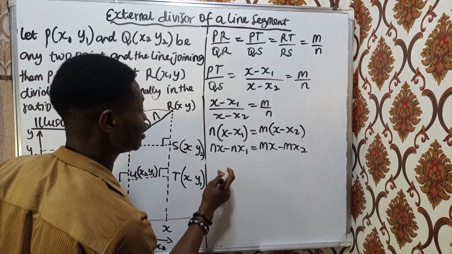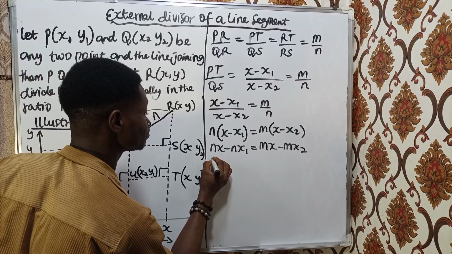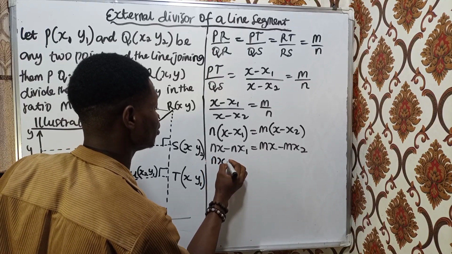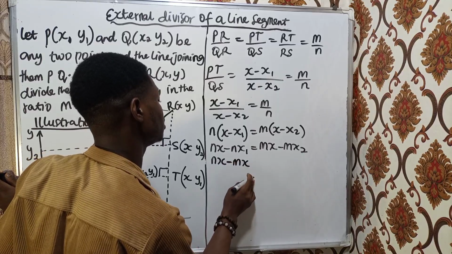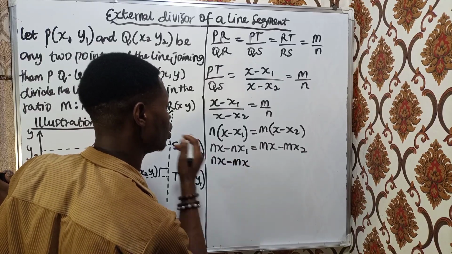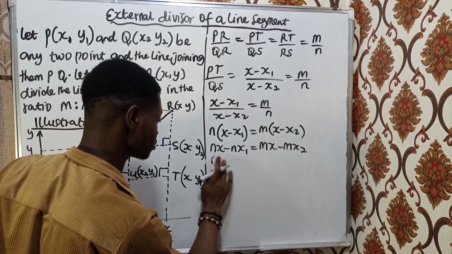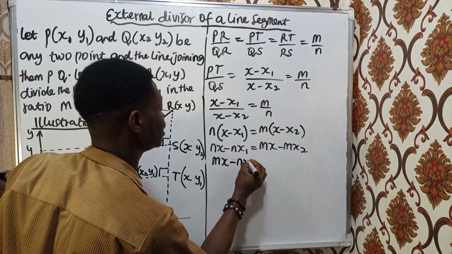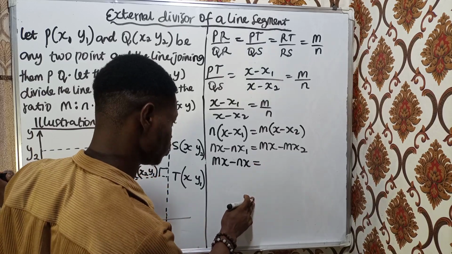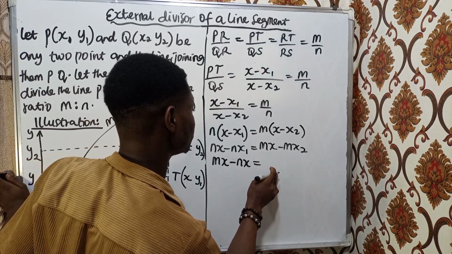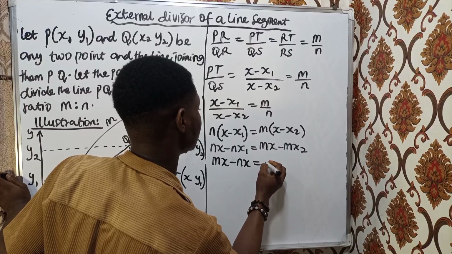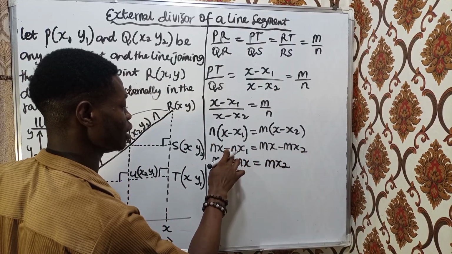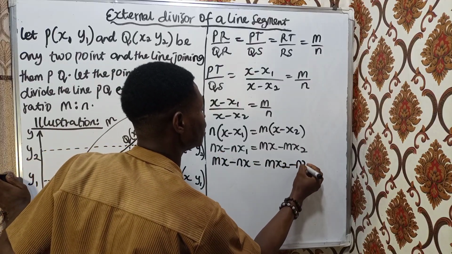So we can collect like terms: mx, then this one coming here minus nx is equals to mx2, that's this one coming over here, then minus nx1.